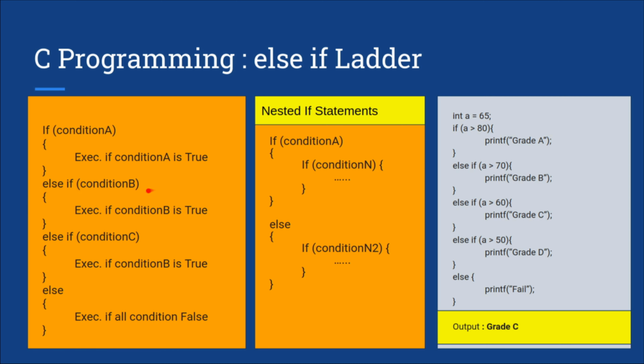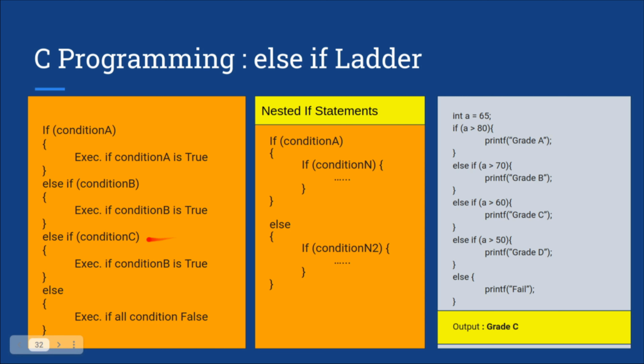If it is, it will execute this block and go out of this block. But if condition B is also false, then it will go to condition C. If condition C is true, it will execute this block and go out of the block.